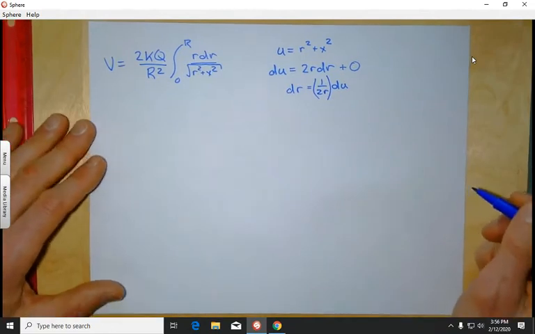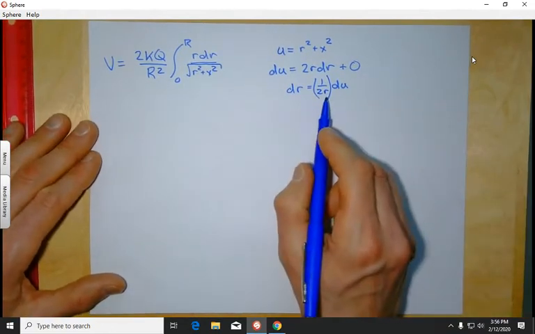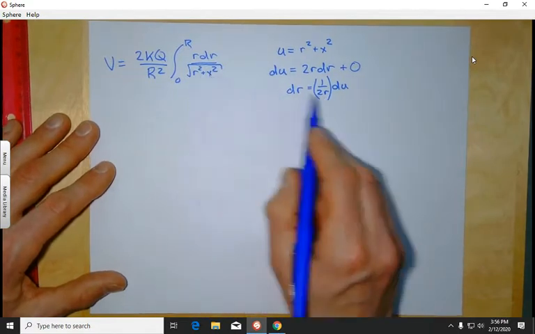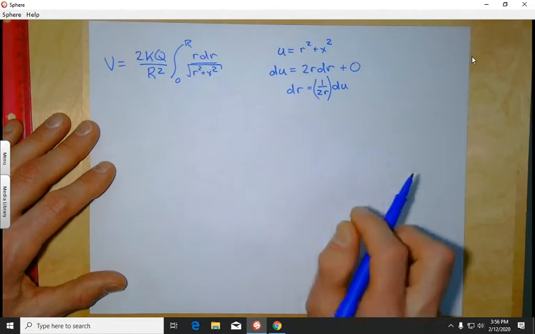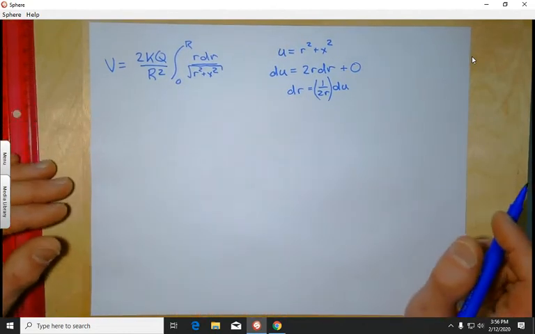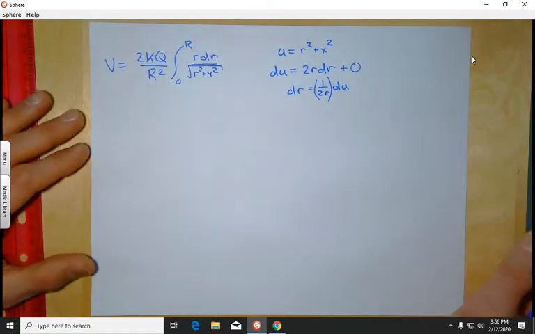Okay. Now that might not look good to you, but it's great, because you're going to simplify this down here, and you're also going to divide out the r that's up there. So this is a great point to pause the video and see if you can take the next few steps on your own. Otherwise, I'm just going to keep on going here.